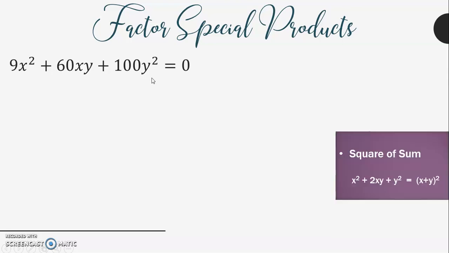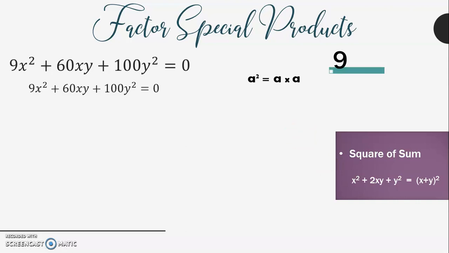So let's start. I can see that my first value is a square and my last value is also a square. So I can apply my square of the sum pattern. I take out my factorization of 9, that is 1 times 9 and 3 times 3.